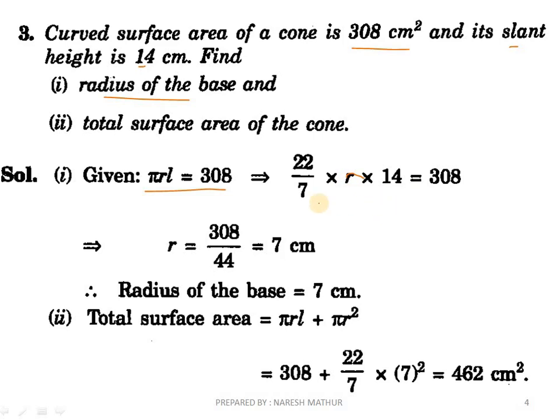After substituting the values, 7 and this 14 will be cut out, so 308 will be divided by 44 and we will get the radius. Now we need to find the TSA of the cone, so by simply adding pi r square to the CSA, we will get the TSA of the cone.